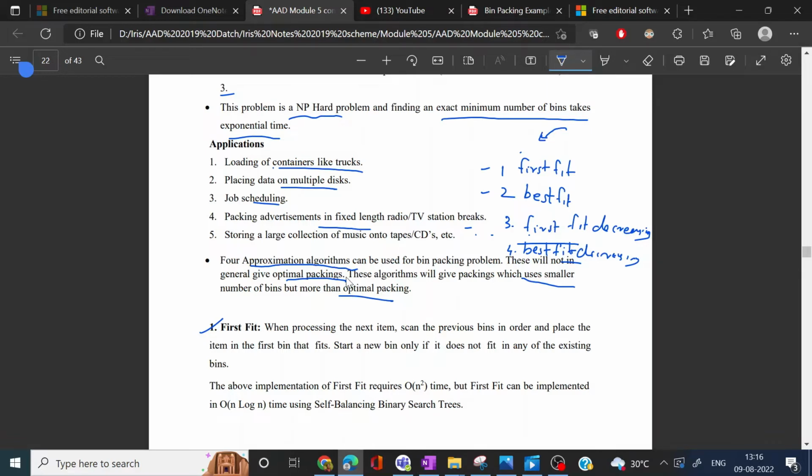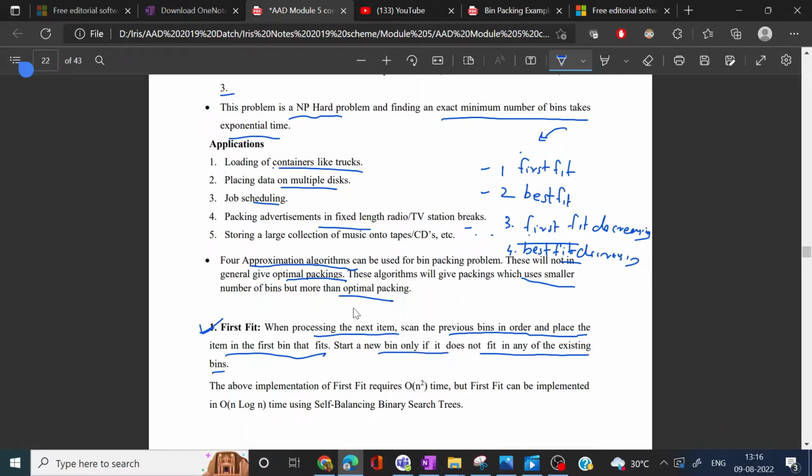So first we can see what is a first fit approximation algorithm. In this, when processing the next item, scan the previous bins in order and place the item in the first bin that fits. Start a new bin only if it does not fit in any of the existing bins.